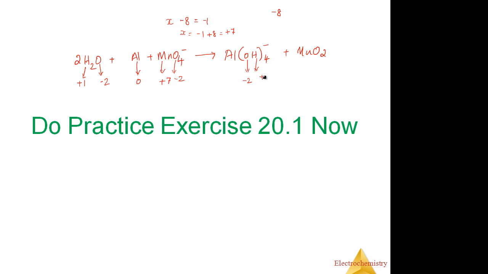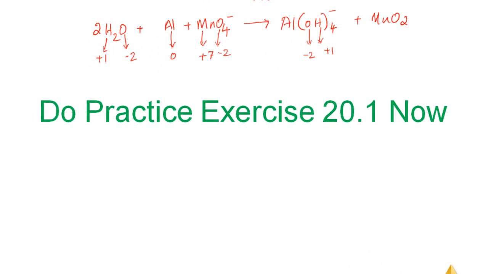We have 4 of them, so +4. We don't know aluminum, so we will just put X, and the sum is equal to -1. Solve for X. What do you get? -8 plus 4 is -4. -4 plus X is -1. So bring it to the other side, so +4. So you get +3.